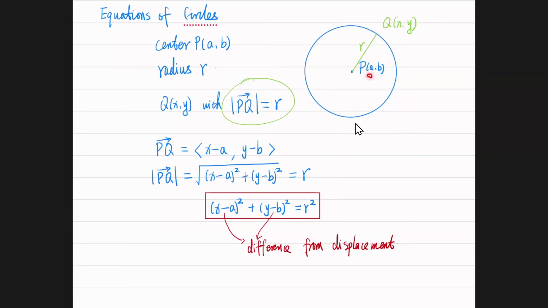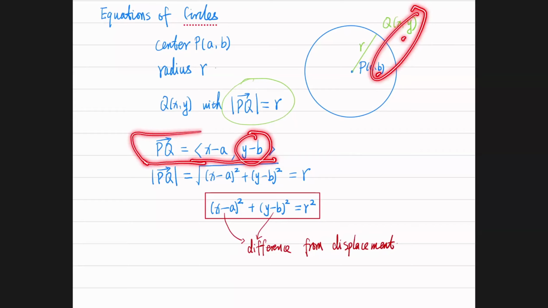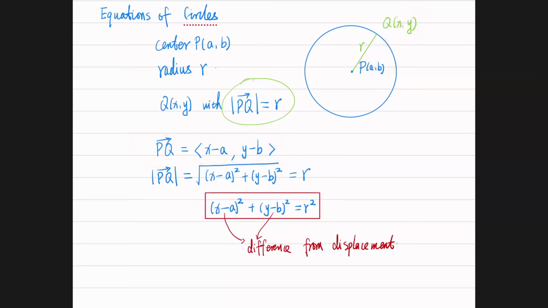The difference is the change in the first coordinate. From b to y, the difference is the change in the second coordinate. This gives us the displacement. So what would be the displacement in this case? I thought that was the vector. Is that a displacement vector? That's a displacement vector, right? Mm-hmm. Okay, that makes sense.